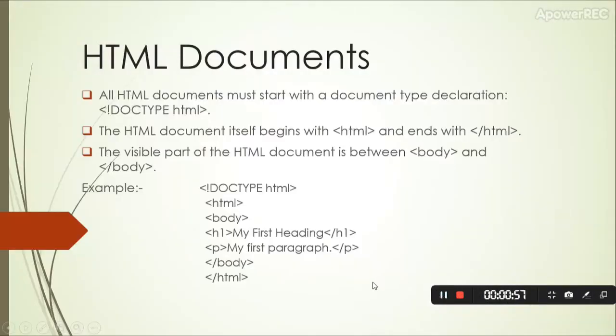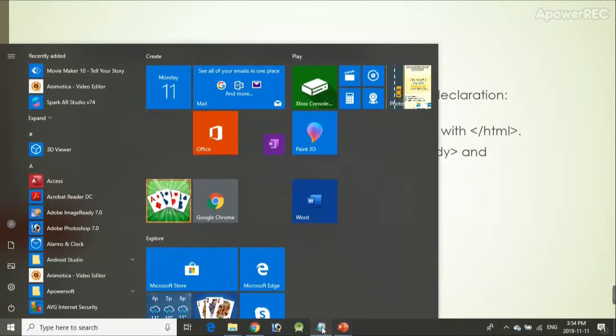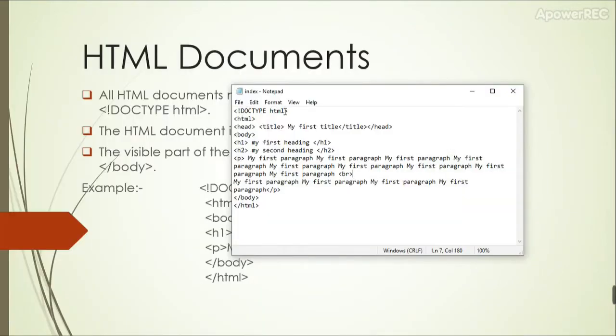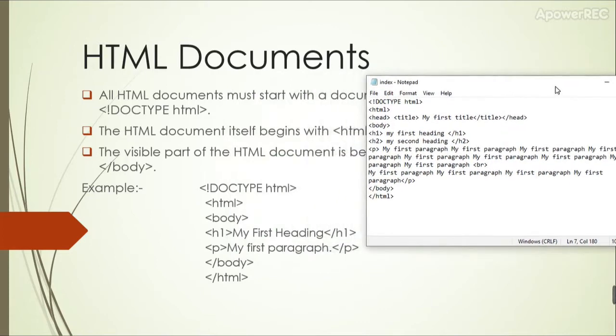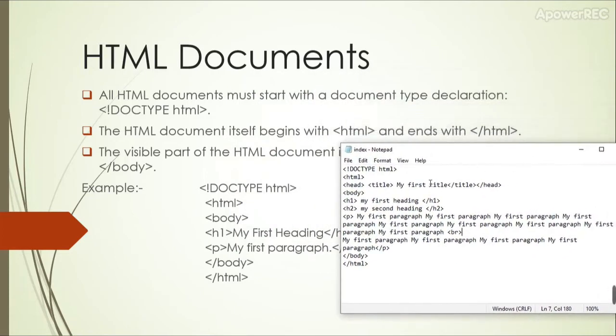My next topic is HTML documents. All HTML documents must start with a document type declaration. Like previously, I wrote doctype HTML here. This is a declaration of the document, HTML document.